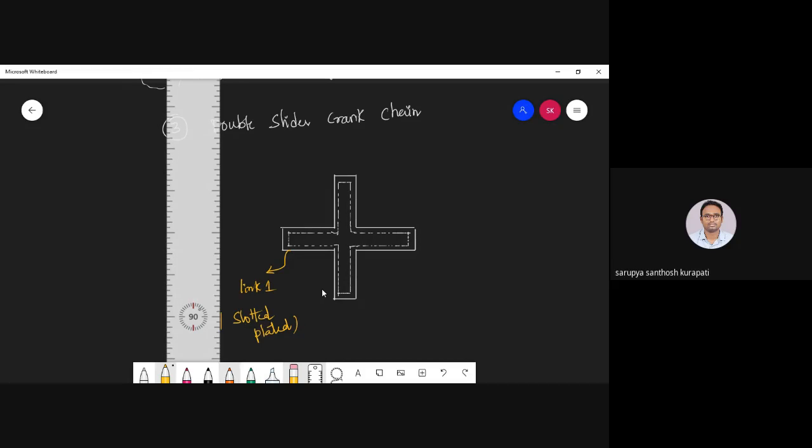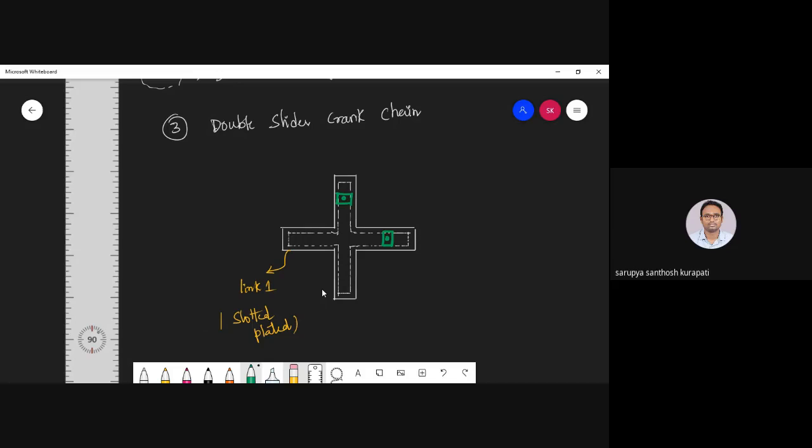Now I'm taking link number two, which is a slider. And I'm placing another slider here. So the name indicates double slider crank chain. Double slider means we are using two sliders, and crank is the one which is rotating.